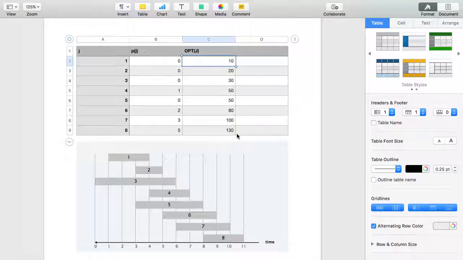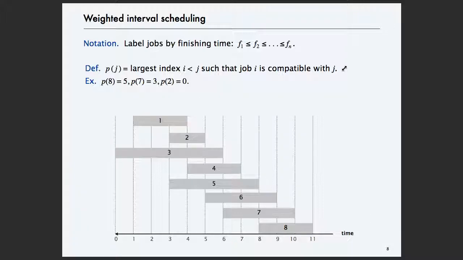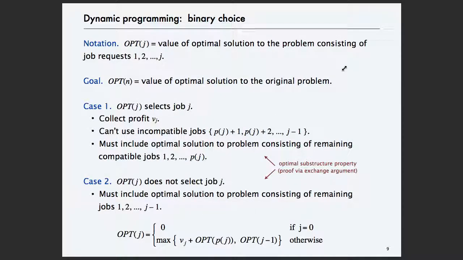So my OPT is going to be either 0 if j equals 0, or the max of the value of j plus OPT of P of j, and OPT of j minus 1.